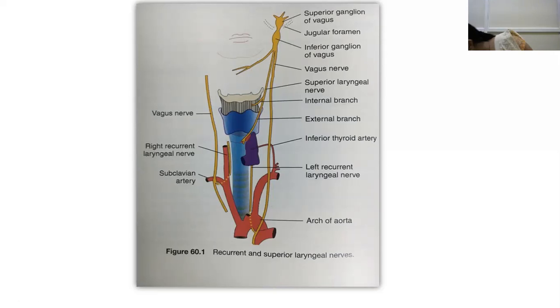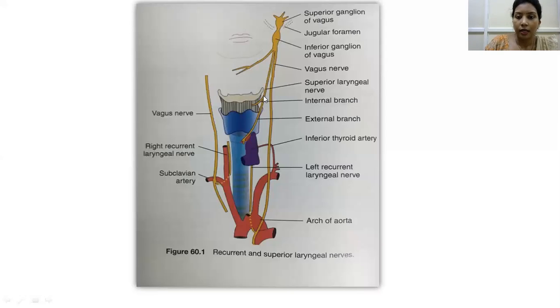It is medial to the superior laryngeal branch of your superior thyroid artery, and it pierces the thyrohyoid membrane 1 centimeter anterior and superior to the ala of the thyroid cartilage.